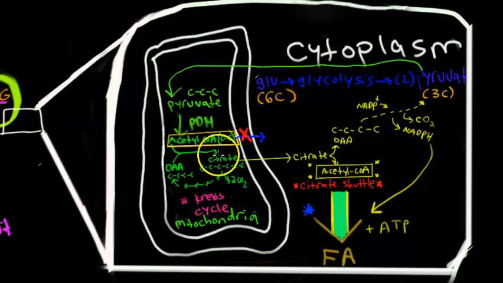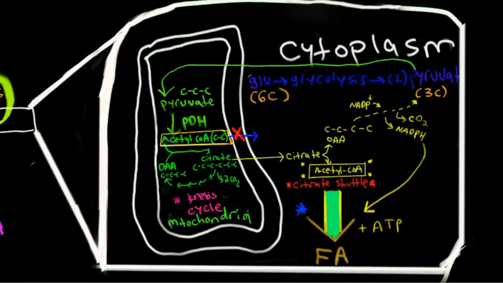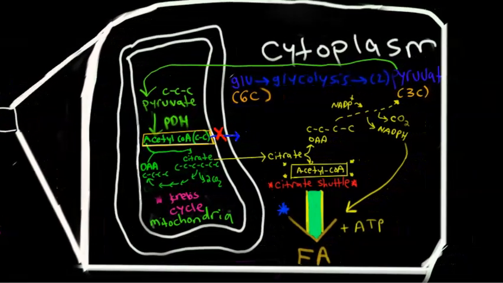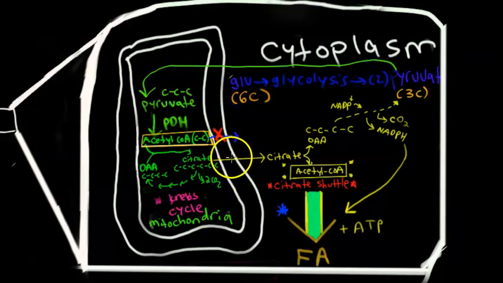Now, what's really interesting, and why I brought this up, is because this citrate can go from the mitochondria to the cytoplasm. We have transporters for the citrate within the mitochondria membrane. So when the citrate enters the cytoplasm, it can be converted back into oxaloacetate, which is a 4-carbon molecule, and acetyl-CoA, which is a 2-carbon molecule.